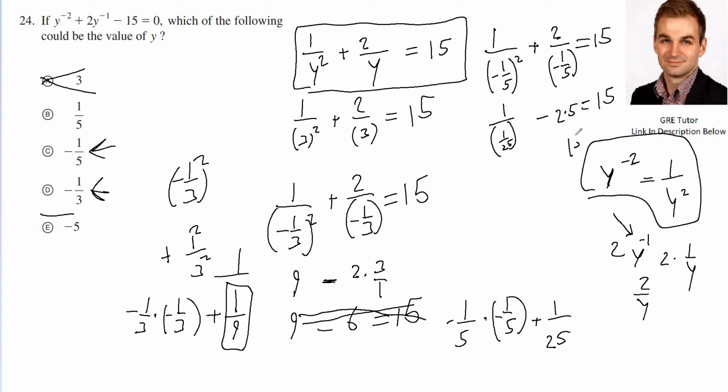Alright, so let's keep going. 2 times 5 is 10, so minus 10. And then 1 divided by 1 over 25 is equal to 1 times 25, so that's equal to 25. So then we get 25 minus 10 is equal to 15, which means 15 is equal to 15, which means this is the answer we are looking for.